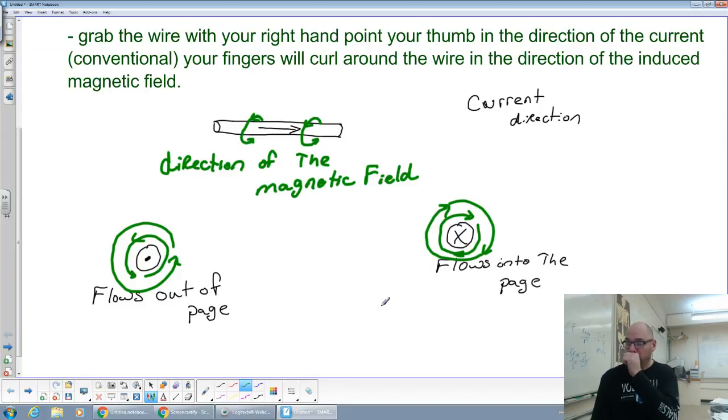Okay, so those are our diagrams for current carrying wires. Out of the page, it's flowing around counterclockwise, and clockwise for into the page. Just think of the tip of the arrow coming at your head out of the page, the back of an arrow going into the page.